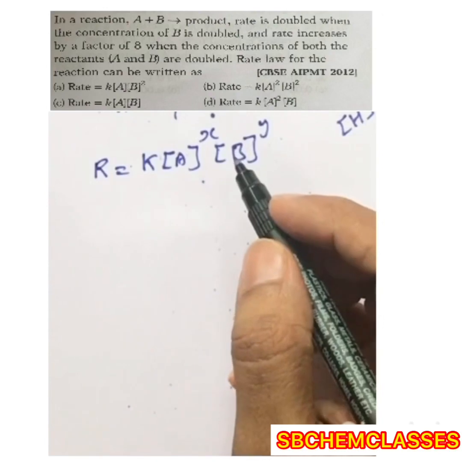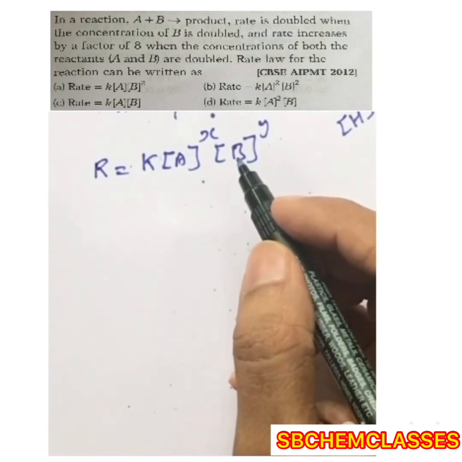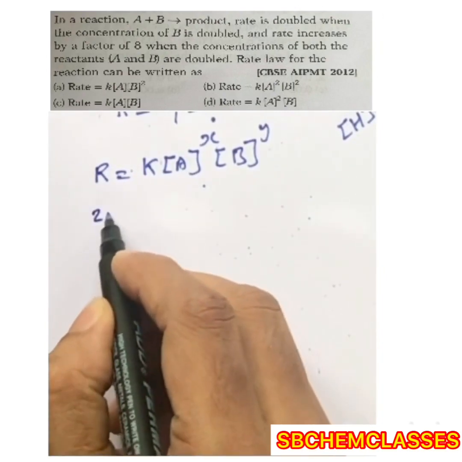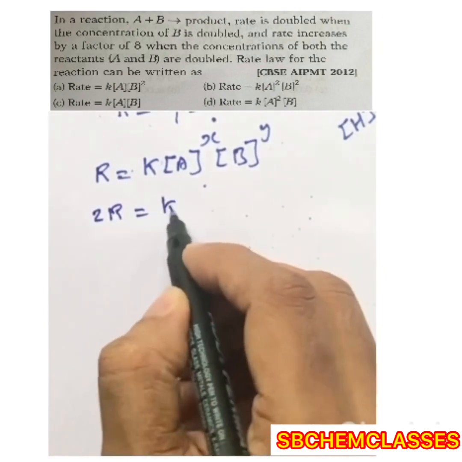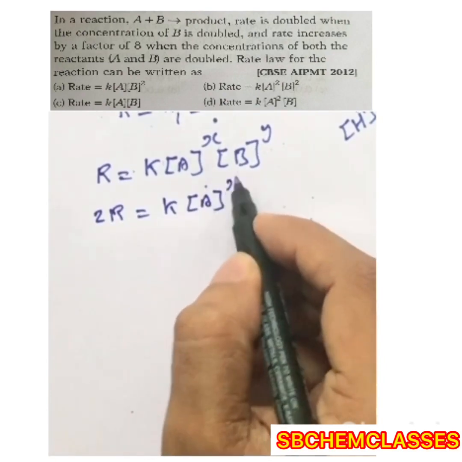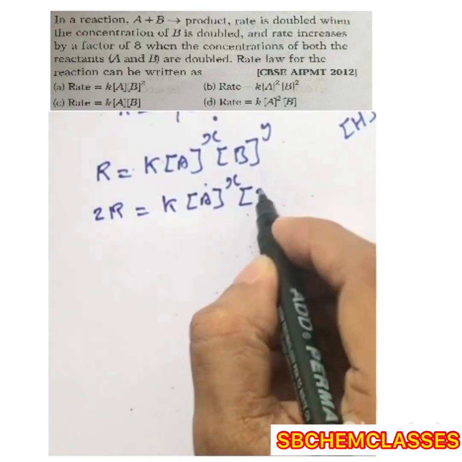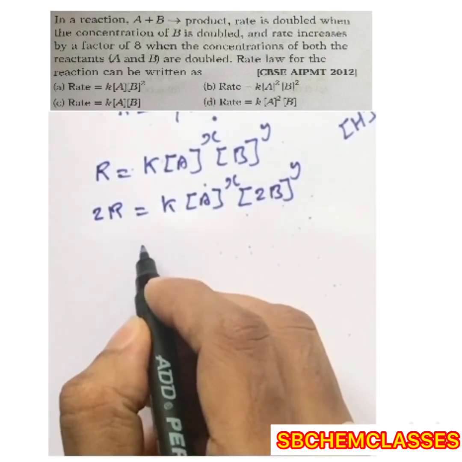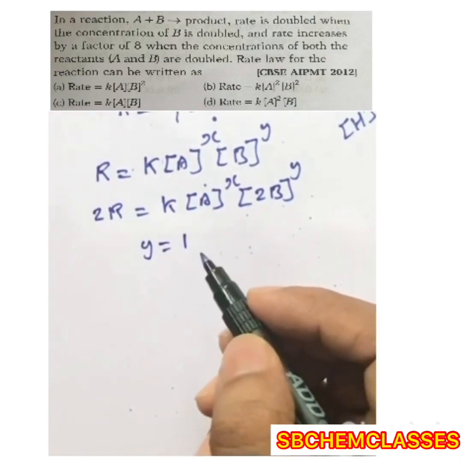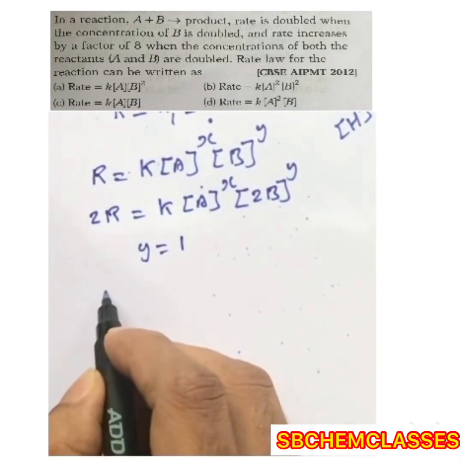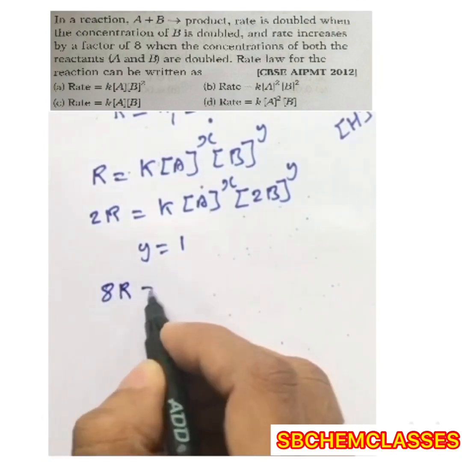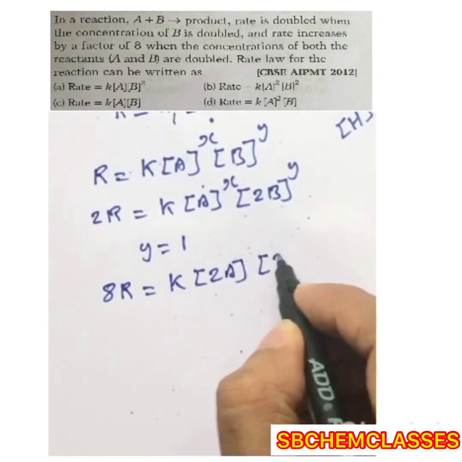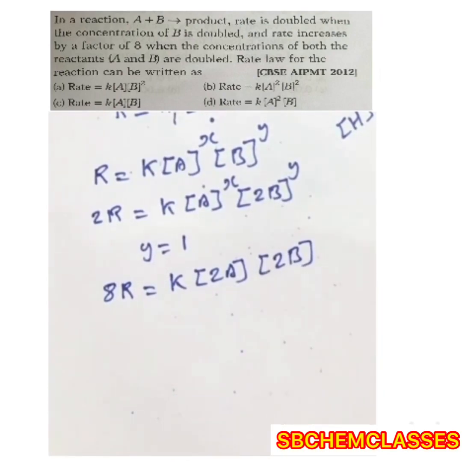In the first statement, rate is doubled when concentration of B is doubled. So it becomes 2R when concentration of B is doubled. By calculation, Y equals 1. Next, the rate of reaction becomes 8 times when both concentration of A and concentration of B are doubled.